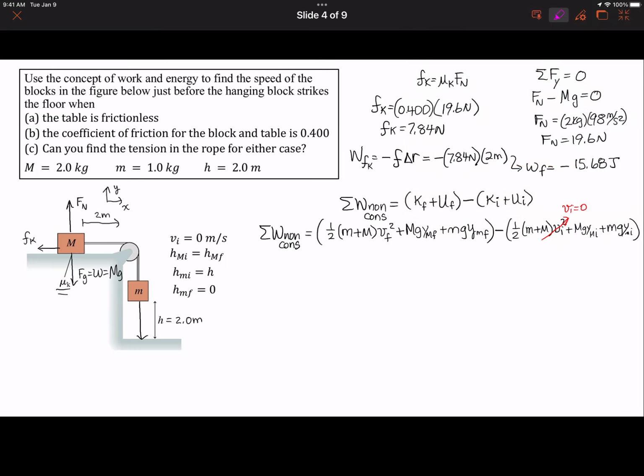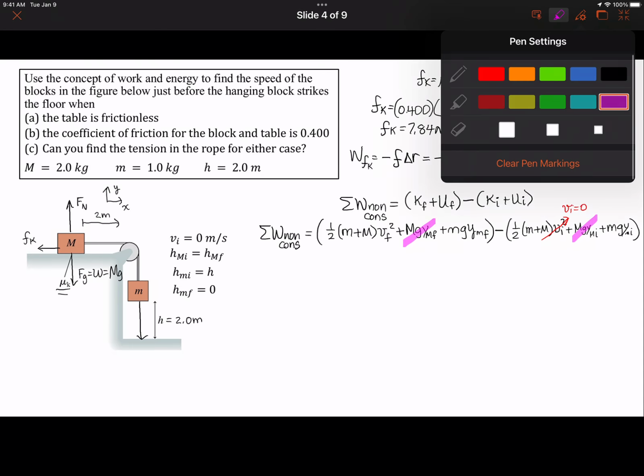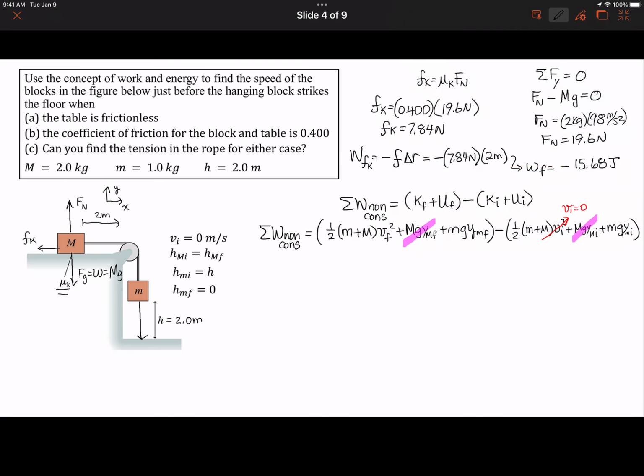Additionally, the potential energy of the block that's sitting on the surface doesn't change. It has the same initial position as it has final position vertically, so that cancels out. And then in our picture, we can take the lowest position here to be 0.